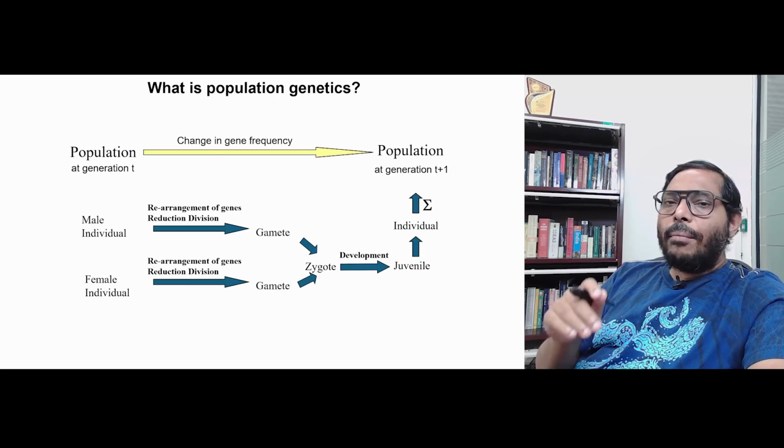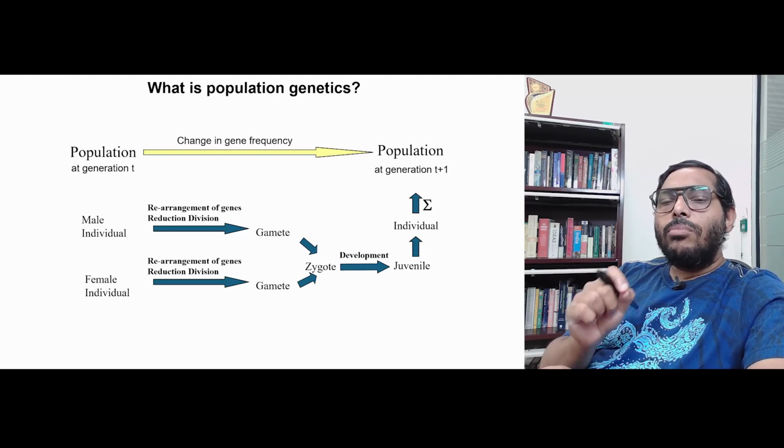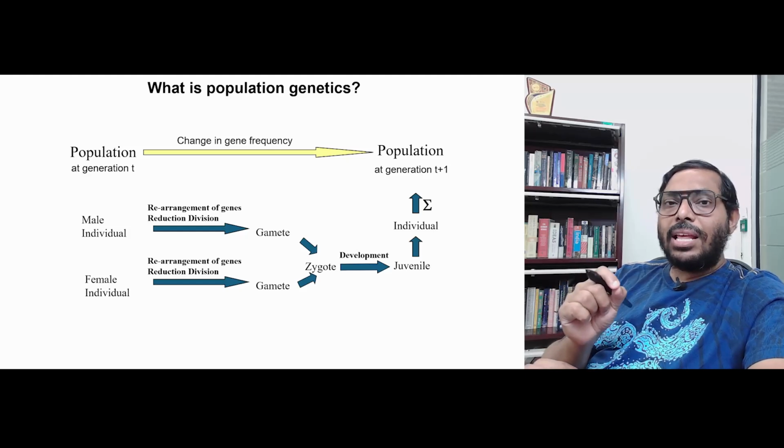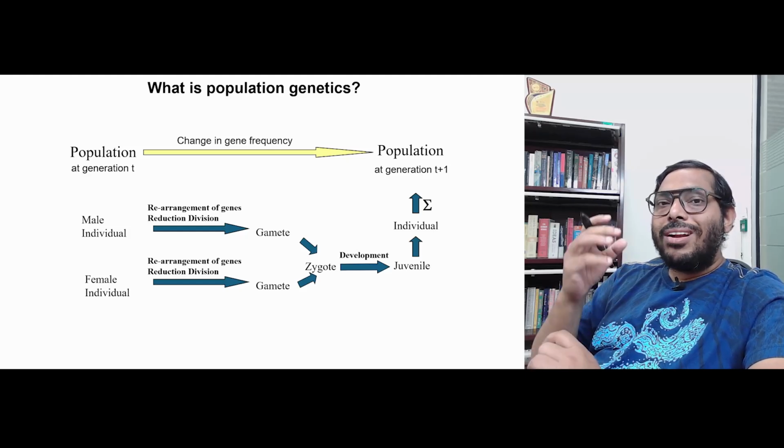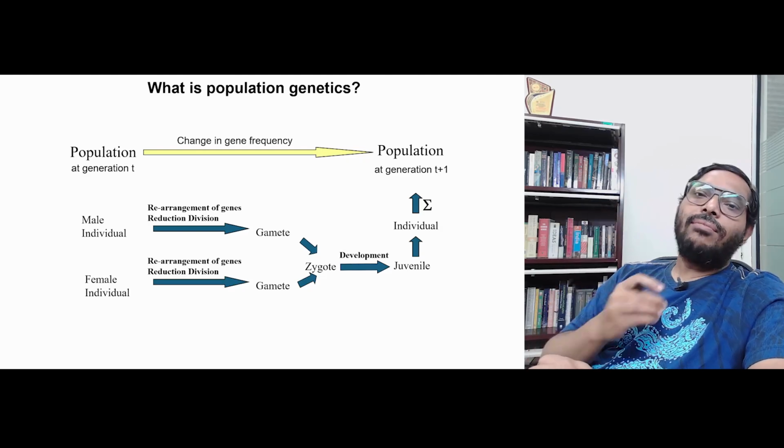So, biologically speaking, this process is a lot more complicated and therefore very difficult to track, okay, if you are going to track family by family.